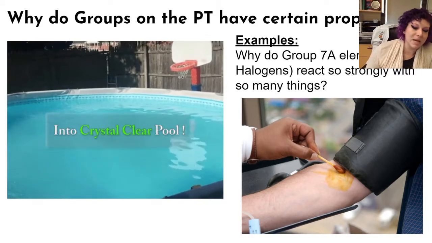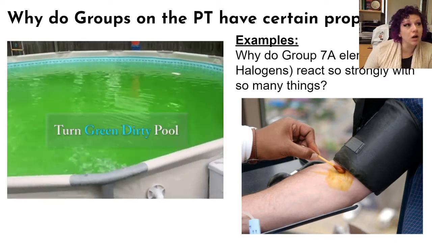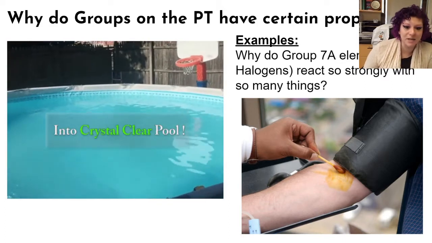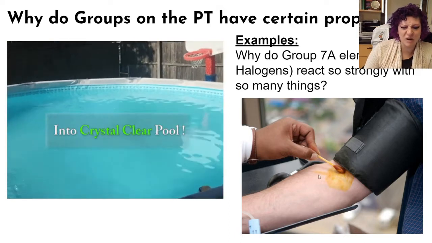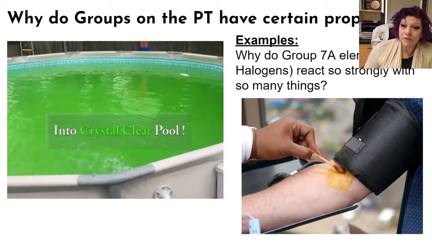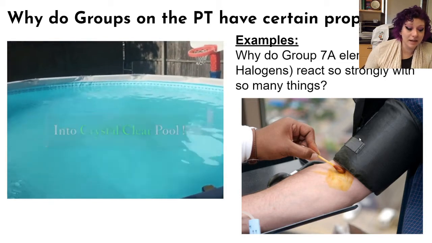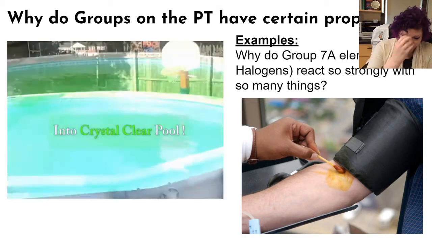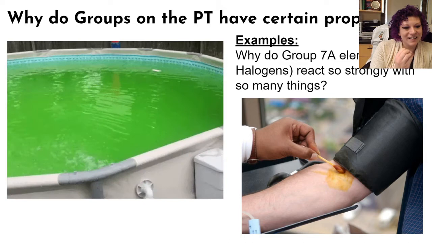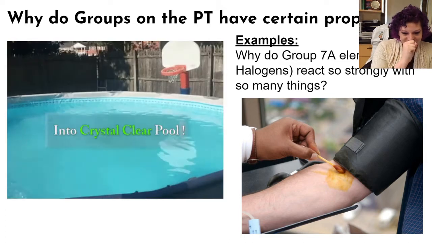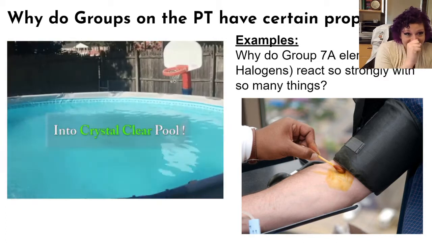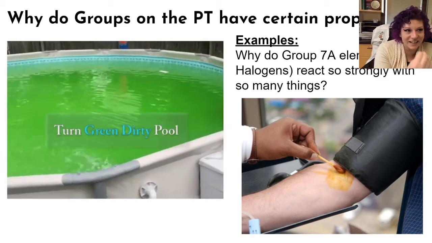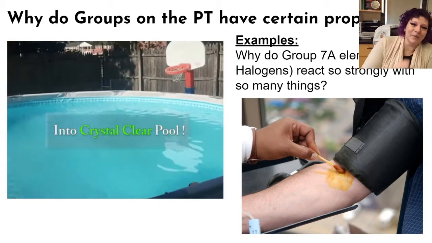Or maybe, if you've had blood drawn or surgery or ears pierced, you might have gotten iodine, shown here on the right, that weird yellowy color. You might have gotten that as, the word I'm looking for, antimicrobial, antiseptic. There we go. I got there.